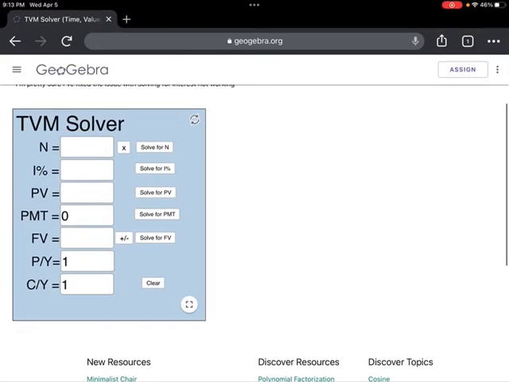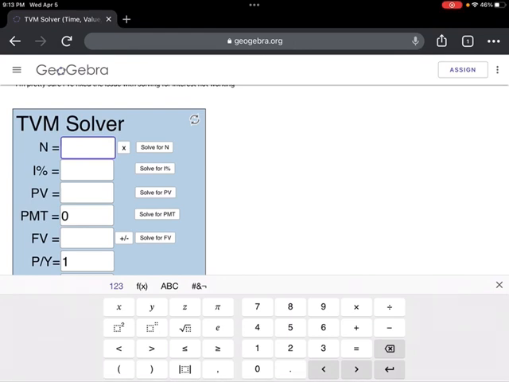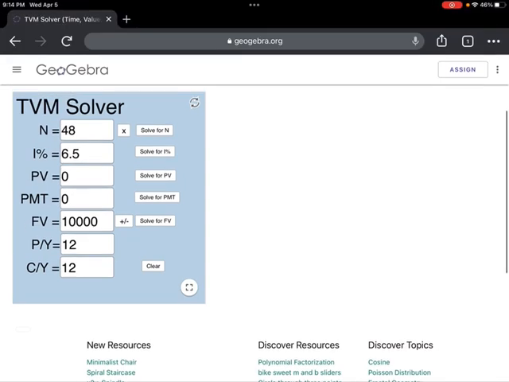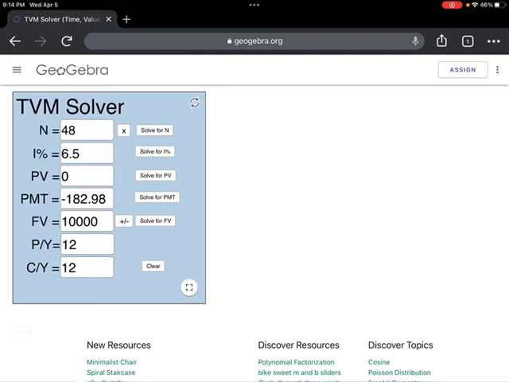So, starting over, our N is 48, our I is 6.5, our present value is 0, and we're solving for our payments. Our future value is $10,000. Our payments per year is 12, and so is our compounding periods. We want to solve for PMT, and our monthly payments are going to be $182.98.